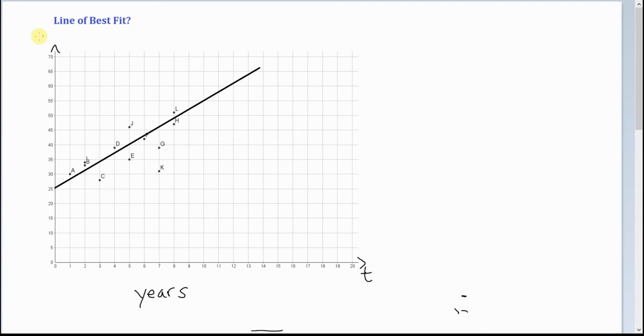And maybe the vertical axis is the profit in millions of dollars. This is a very profitable company. Okay, so now we have a bit of context for this question.